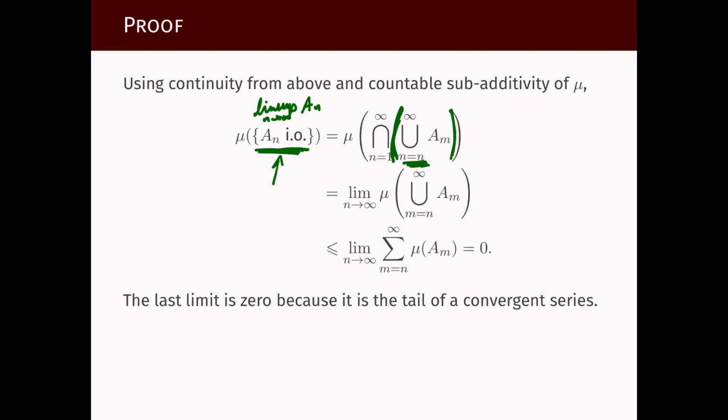And because it's decreasing, we can take its intersection. The measure of the intersection will be the limit of the measures. So from here to here, why is this equal? This is continuity from above.